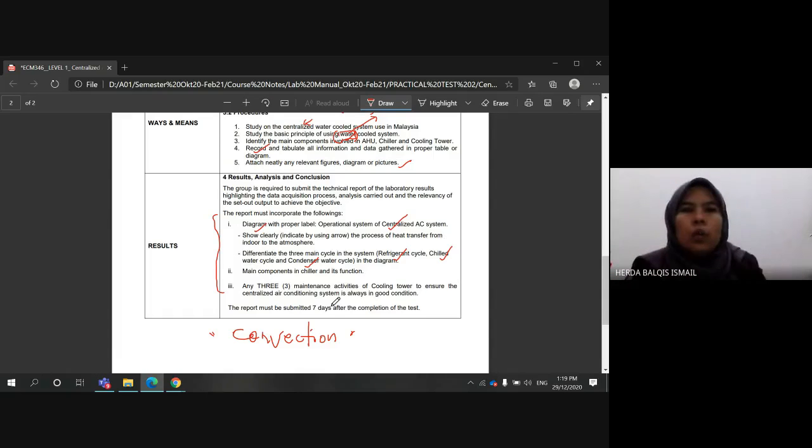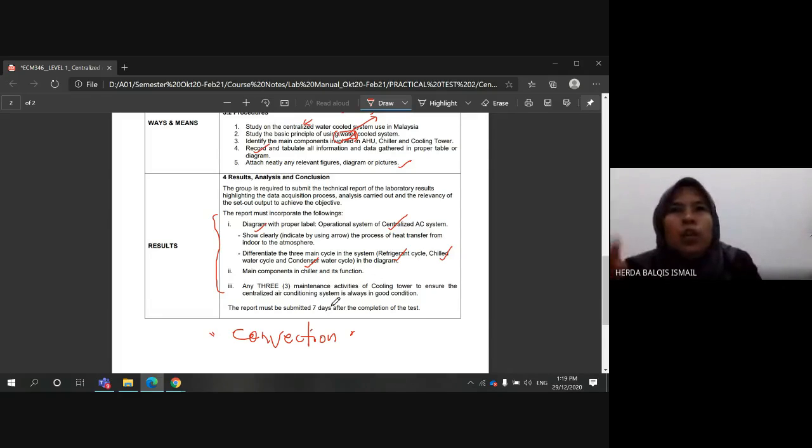We know that in the chiller, the medium used is refrigerant. So that is the refrigerant cycle. But in the cooling tower, there is a water cycle. So how is the heat transferred from the refrigerant to the water in the piping of the cooling tower?